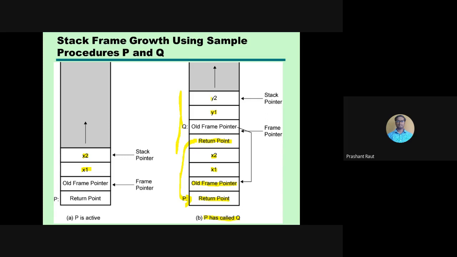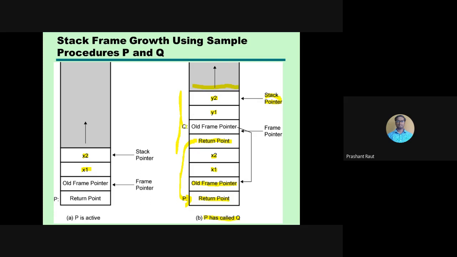y1 and y2 are the local parameters of the Q procedure, and this is a stack pointer. Whenever you have to add data, you add it here and increment the stack pointer, and so on.